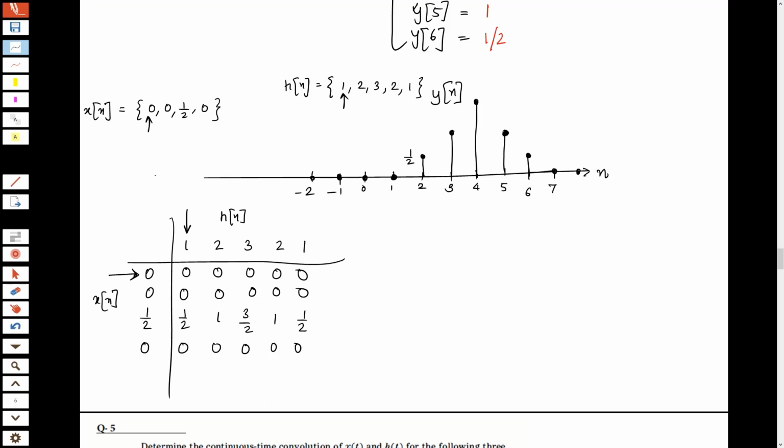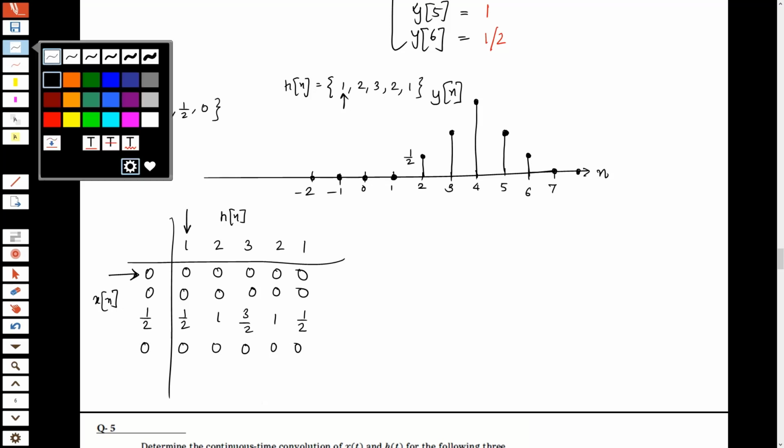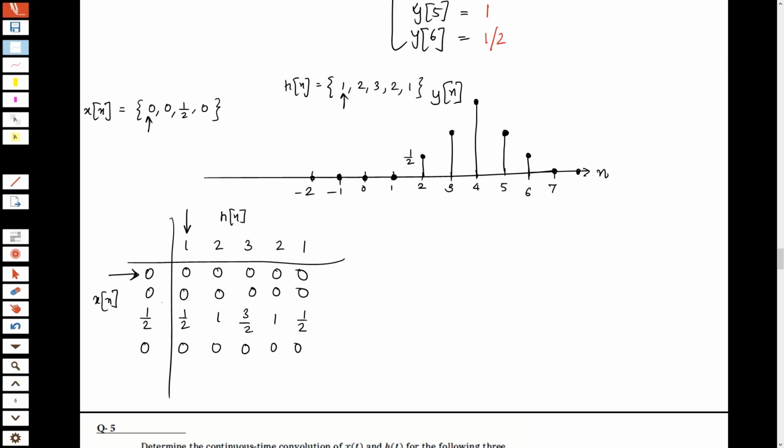Now the next step in this shortcut method is to take all these diagonals, add them up, and the one diagonal corresponding to the intersection of both the origins, that in our case is this one, this is where your origin will be.